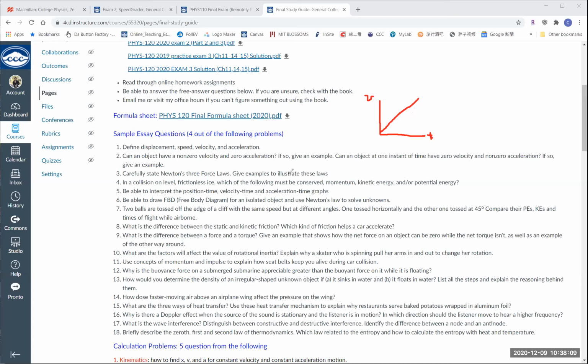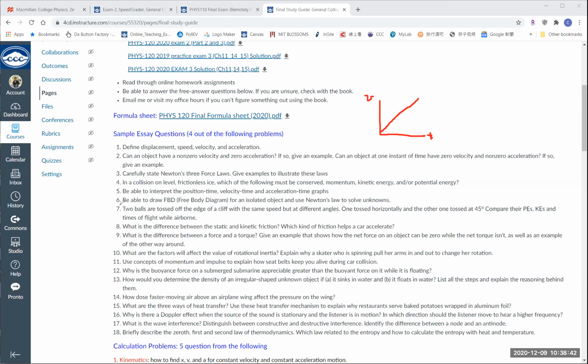An area under this one is what we call the displacement. So that's important, being able to interpret this kind of thing. Again, the kinematic video talks about that as well, and some of your calculation problems also look at that. They will ask you how to find those accelerations. So that's something that you should review.